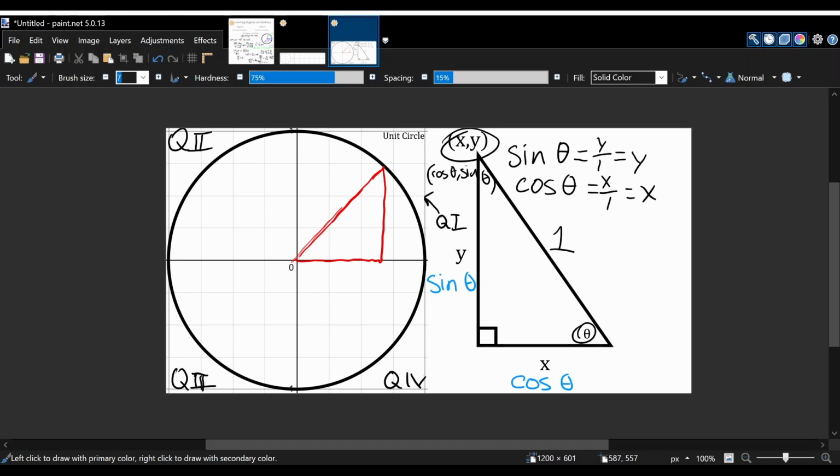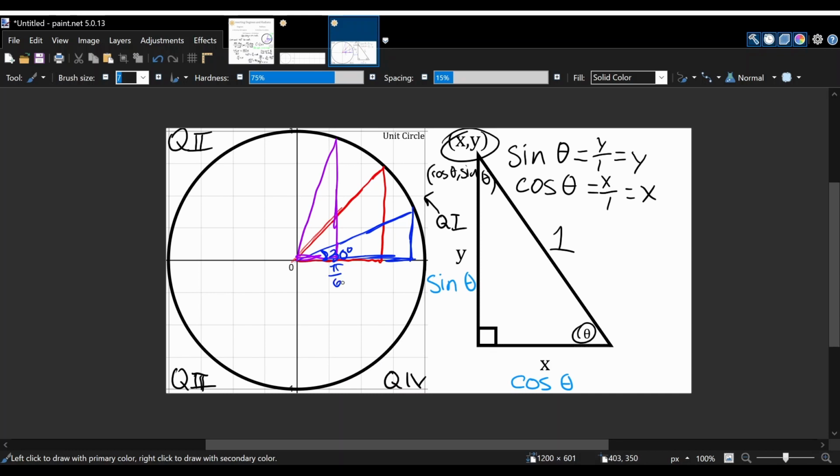So in each quadrant, there are going to be 3 triangles, and I'm just going to draw some of them in here with 3 different colors. And I'll just do quadrant 1 for now. So here in the blue triangle, the measure of theta in our case is going to be equal to 30 degrees, which in radians is going to be equal to pi over 6.